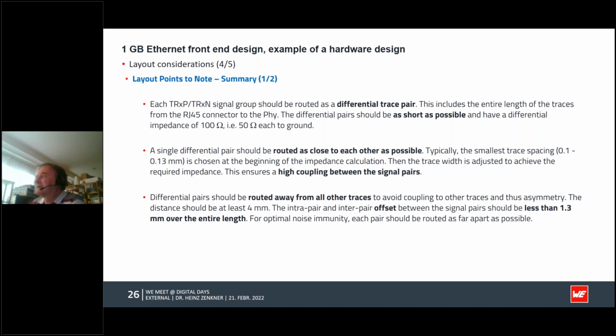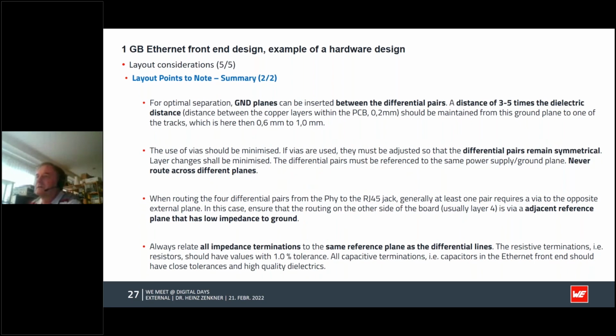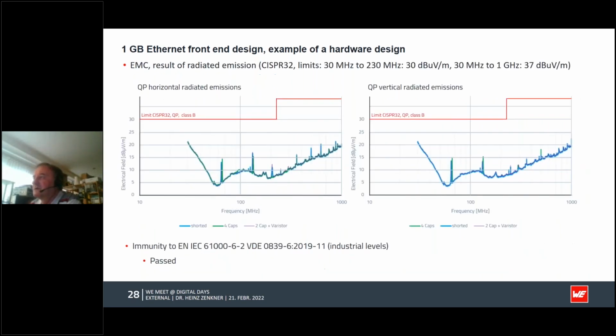No, I forgot one. Sorry. This is the EMC result. If you look at the radiated emission here, the vertical and the horizontal, you see that we have sufficient distance. That's under full speed condition.